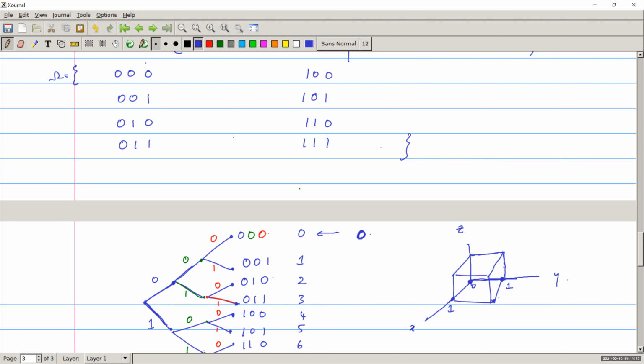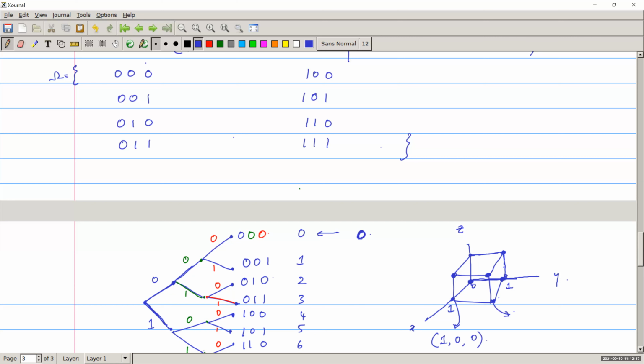So you look at the coordinates of all these vertices. The origin is 0 0 0. This vertex, for example, its x coordinate is 1, y coordinate is 0, and z coordinate is 0.